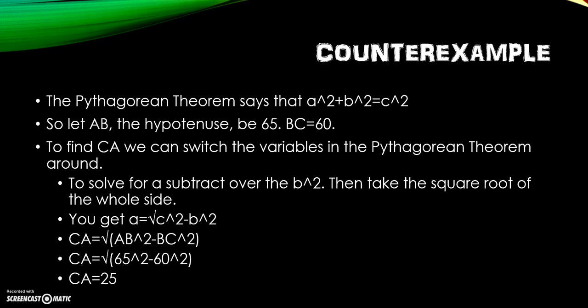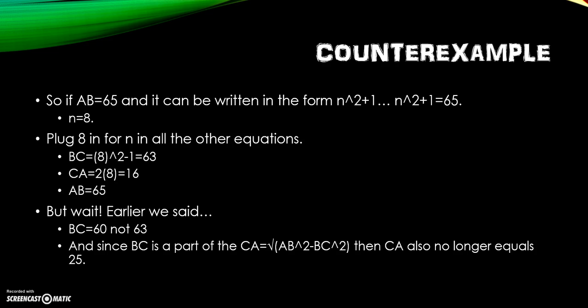So we have CA equals the square root of 65 squared minus 60 squared. And when you work all this out, you're going to get 25. So if AB equals 65, and it can be written in the form n squared plus 1, then n squared plus 1 equals 65. And so just using basic algebra again, you can find that n equals 8 from this.